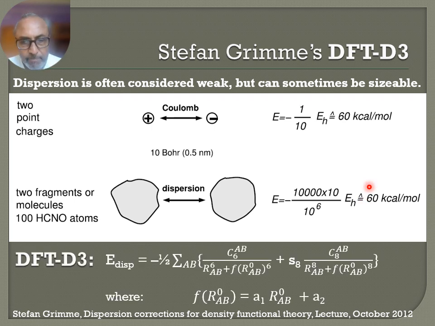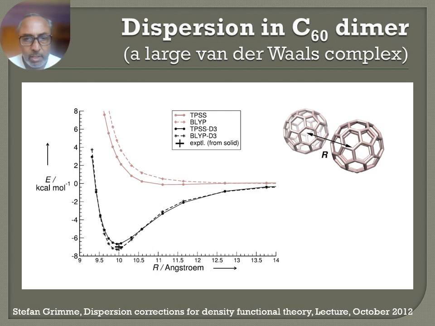So this is Stefan Grimme's D3 dispersion correction, where you see the leading term has this 1 upon r to the power 6 dependence. Here we see how inclusion of Stefan Grimme's D3 dispersion correction improves the binding energy of a fullerene dimer.